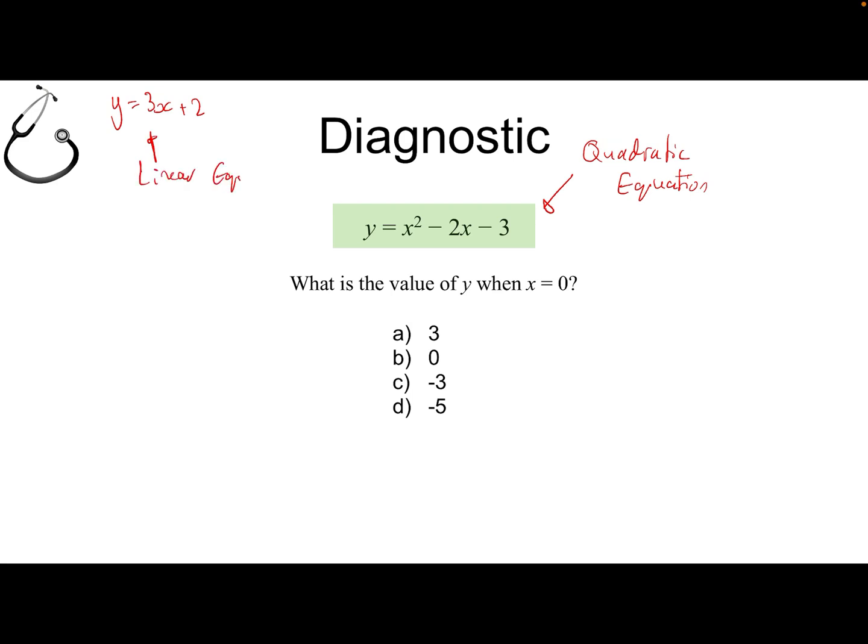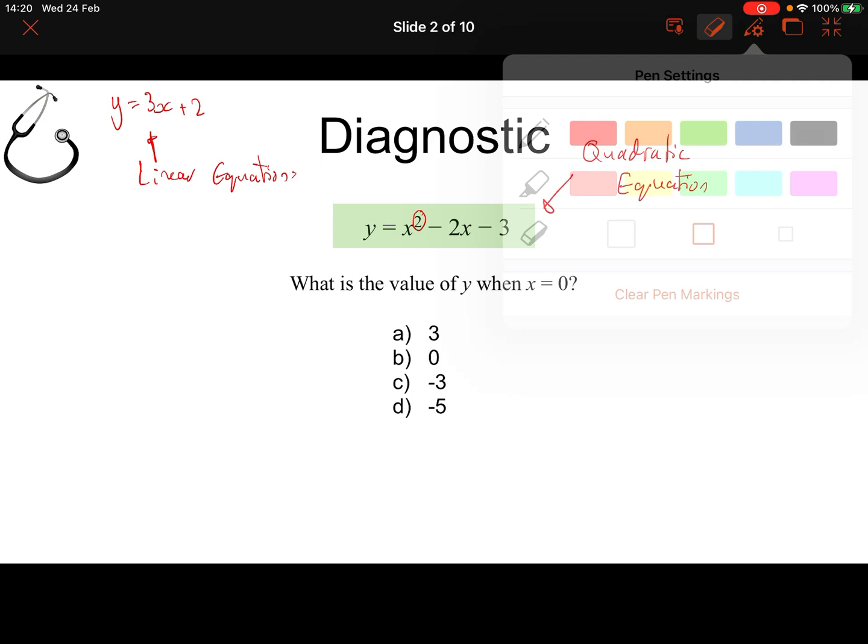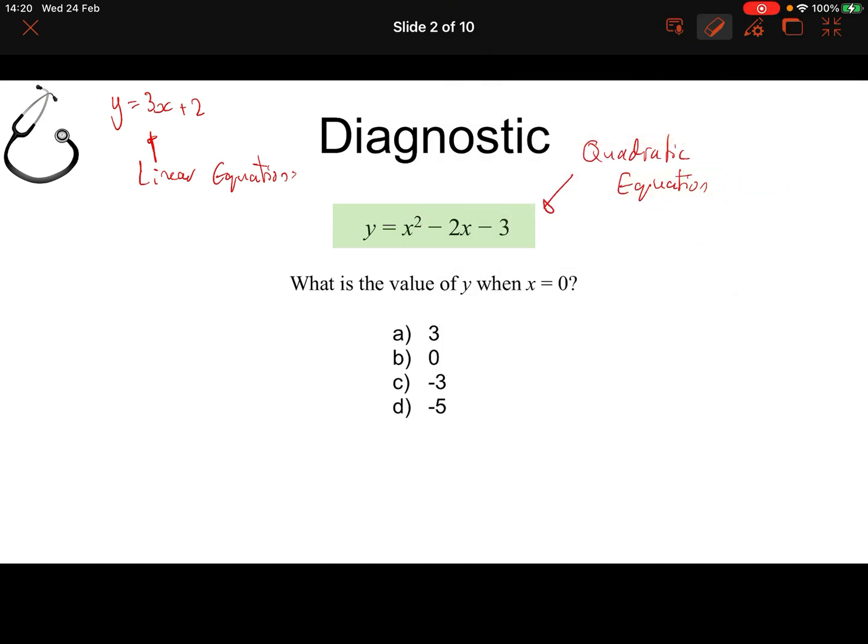And the reason why they're called linear is because when you plot it on a graph, it makes a straight line. Okay, and the difference is we've got something squared, x squared. That changes the type of equation that it is. It's now a quadratic equation. Anything with a square in it is a quadratic equation. Okay, it's not going to make a straight line.